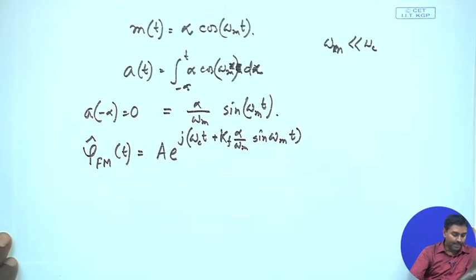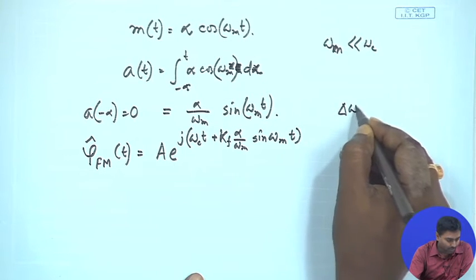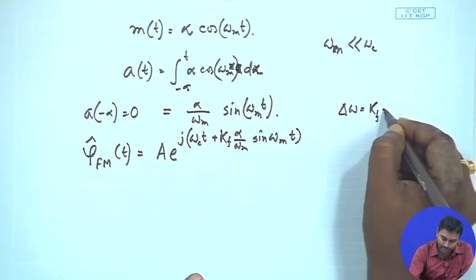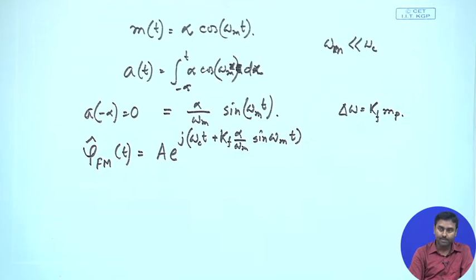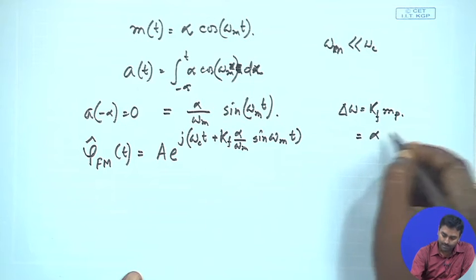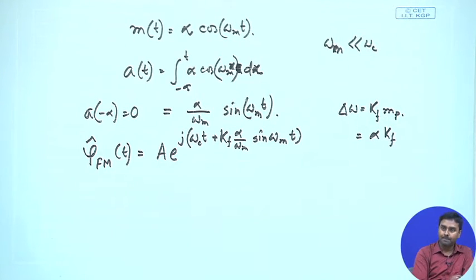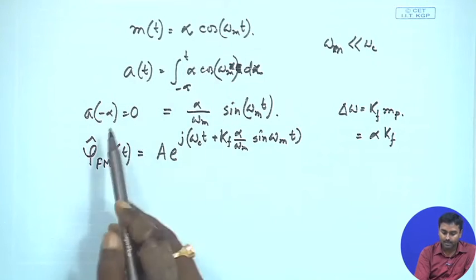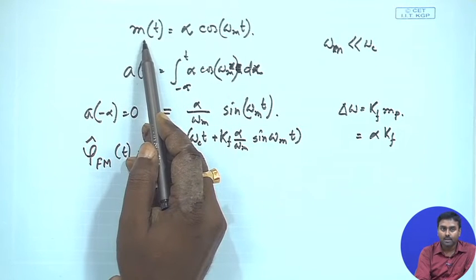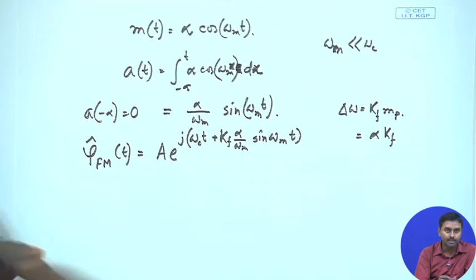Now, I can also write, we have already derived this del omega is actually kf into mp. So, this I can write as alpha into kf, because mp becomes alpha. This is m(t). What is the maximum value of this? That is actually alpha, and the minimum value, minus mp, is just minus alpha.